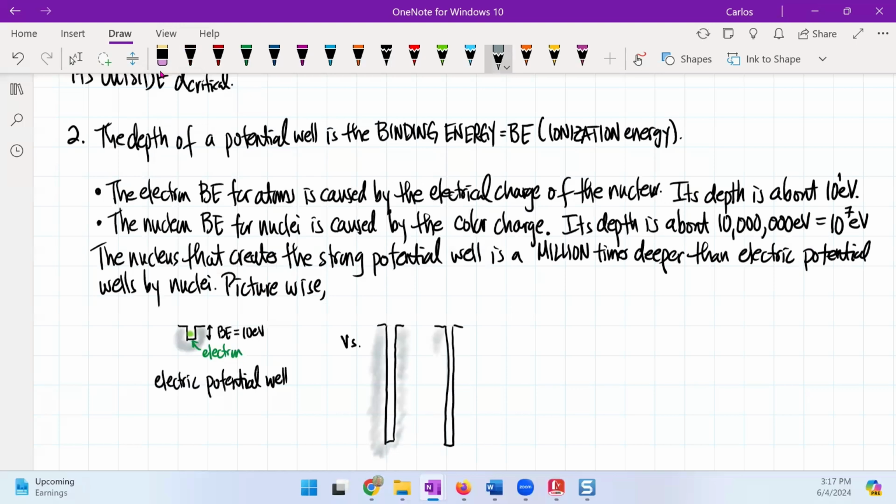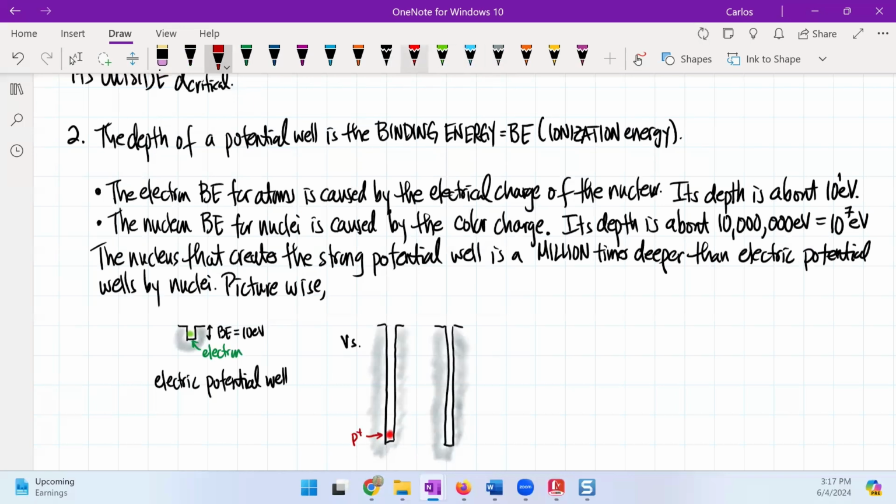And there's two wells that are binding nucleons. Remember, they're not approaching it. They have now been captured in the nucleus. So my picture of the nucleus would be something like this. If I have a potential well, that's the proton well.